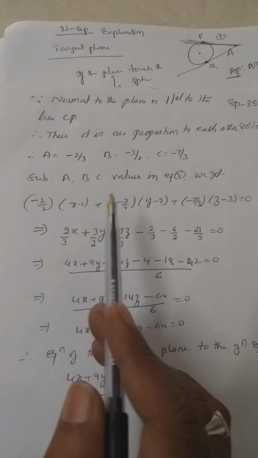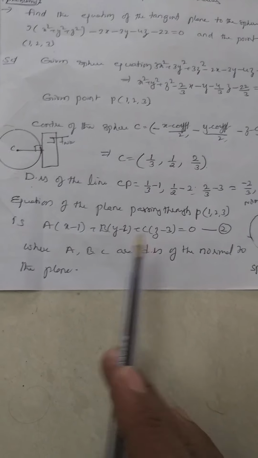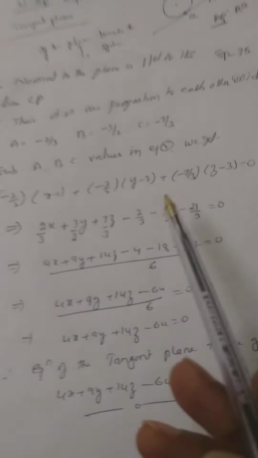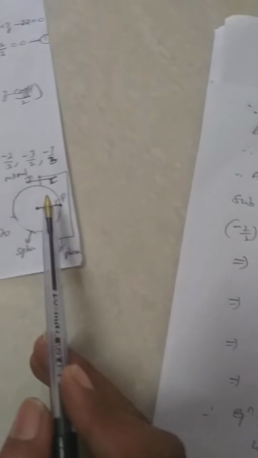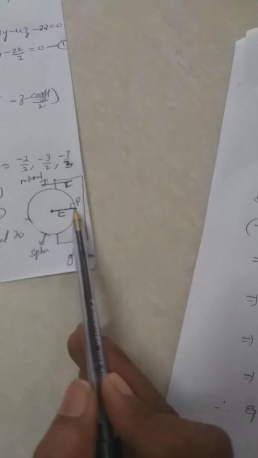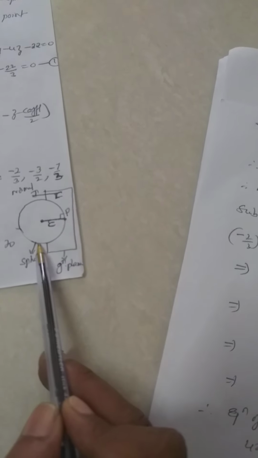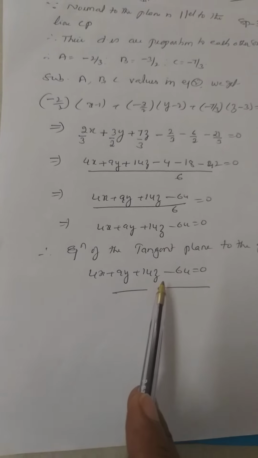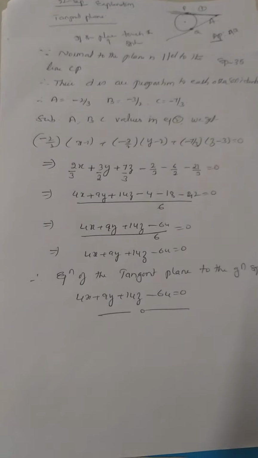Substitute those values in equation number 2. What is equation number 2? Equation 2 is the plane which is passing through the point (1, 2, 3). Right? Now, after substitution, we got this result. From the diagram, this is a plane passing through the point P (1, 2, 3) which touches the given sphere. Therefore, this plane becomes a tangent plane. Got it?